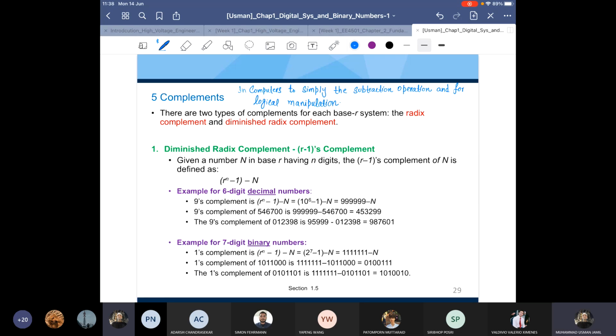Okay. So complements are used to simplify the subtraction operation and for the logical manipulations.